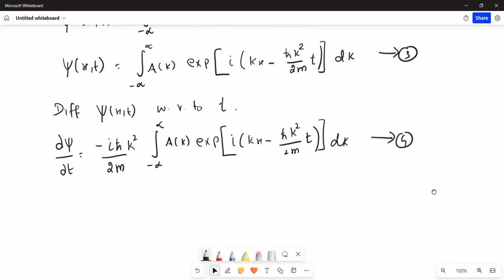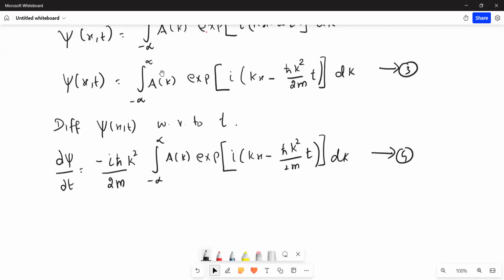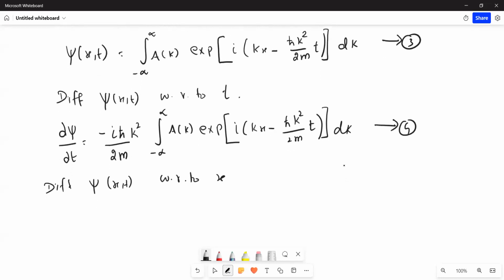Now again, you need to differentiate the same equation with respect to x. Differentiate psi of x comma t with respect to x. What will you get? Del psi by del x. Here the time term becomes 0 because there is no x component.